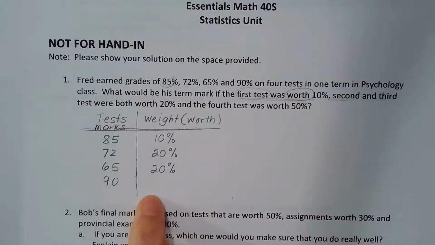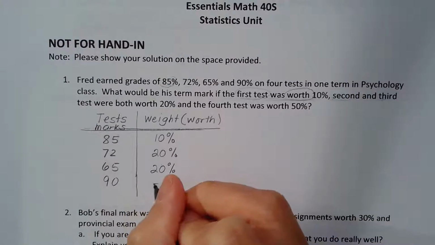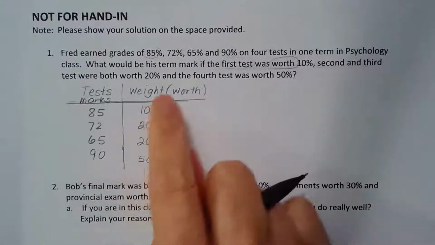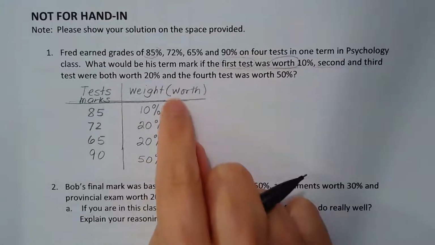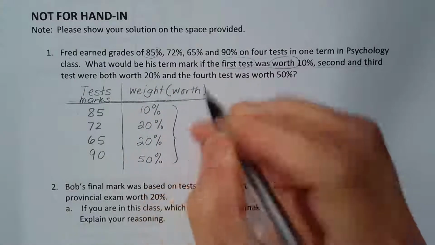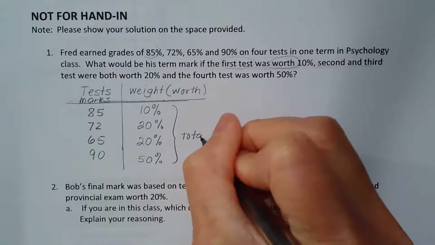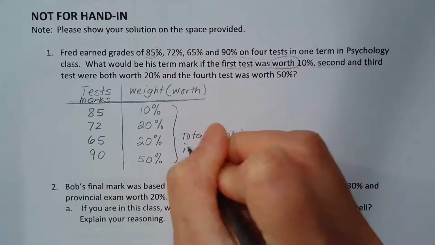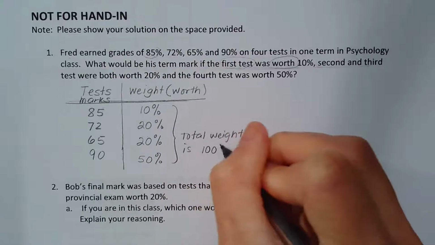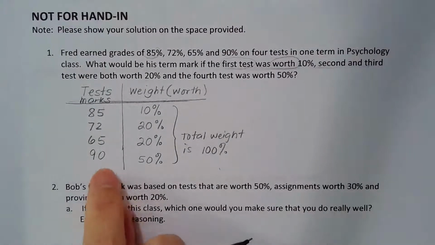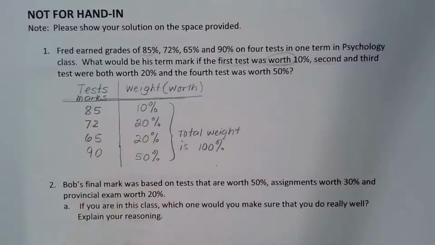And then the fourth test is worth 50%. Now we can take a look at the total weight of this. So total weight is 100%.